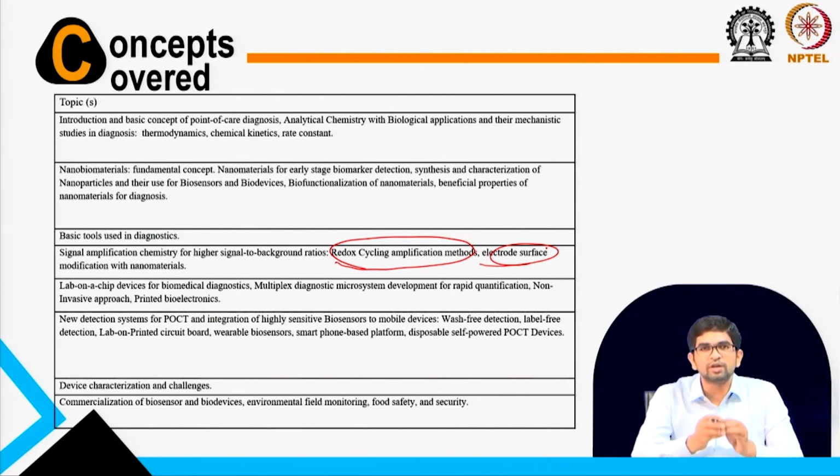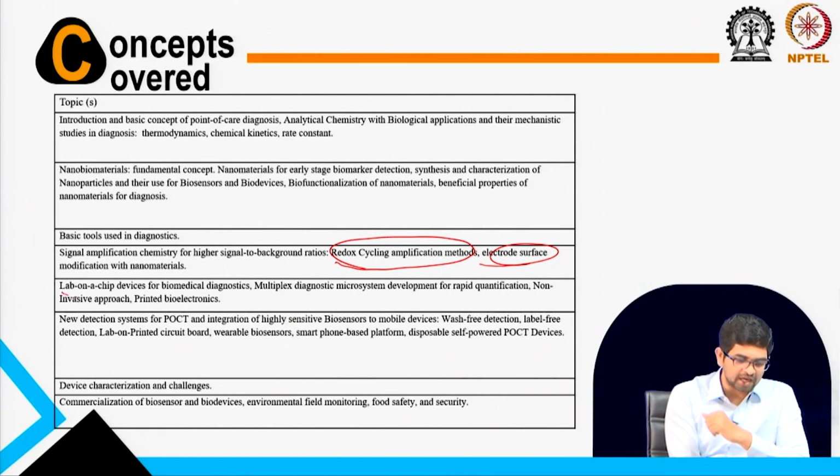Then how nanomaterials can be used for device development is also very important, because nanomaterials have unique properties, such as very high surface coverage. That surface coverage is useful for immobilization of different biomolecules on the sensor surface, and it can help increase the conductivity and the surface area. We can easily miniaturize the sensor, which is why using nanomaterials is very important.